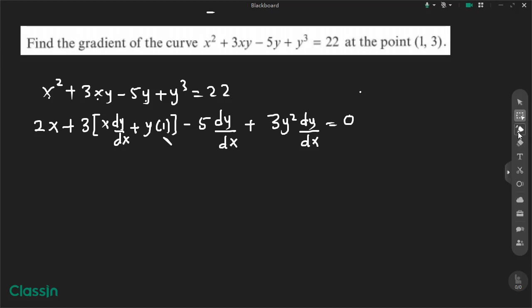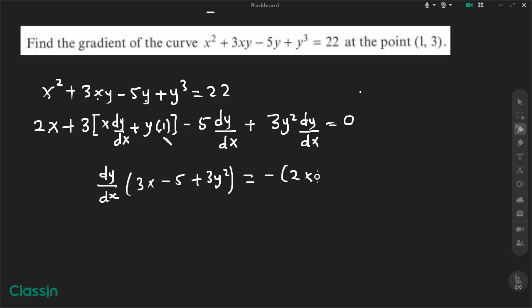So we look for the gradient of the function, which is dy/dx. We can factorize dy/dx in this expression. If we factorize dy/dx, we will get 3x minus 5 plus 3y squared. And we can take 2x plus 3y across the equal sign, and that becomes the negative of 2x plus 3y, by grouping the like terms: all those with dy/dx on one side and those without dy/dx on the other side.